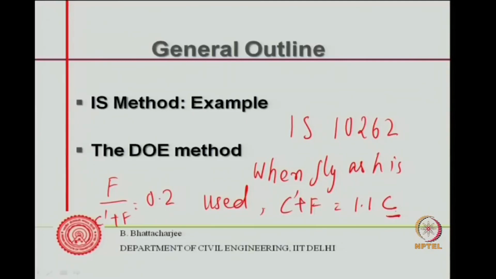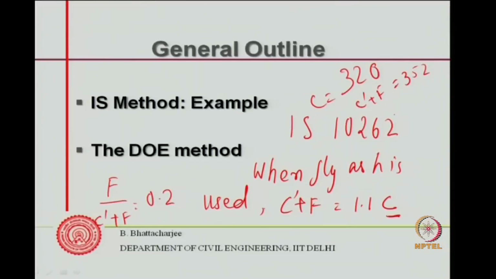You have a control mix without the fly ash, which will have a cement content of C kg per meter cube. Now, if C was, let us say, 320, then C dash plus F will be something like 352 or so, somewhere close to this. You can approximately take that guideline.